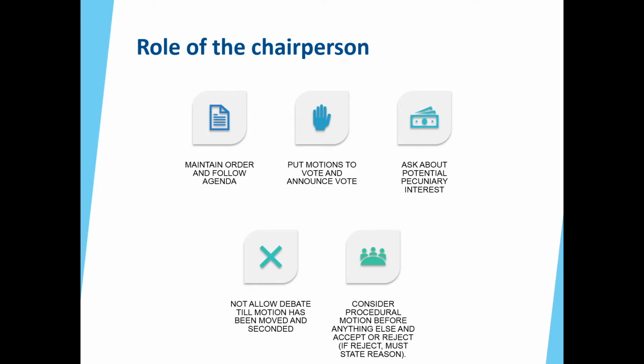You might like to look at our separate presentation around chairing meetings, but the key roles for the chairperson in relation to ordinary council meetings are to maintain order and follow the agenda, to appropriately put the motions to vote and announce the vote, to ask about potential pecuniary interests, to ensure there is no debate until the motion has been moved and seconded, and to consider procedural motions before anything else and accept or reject them, and if rejecting, give the reasons why.